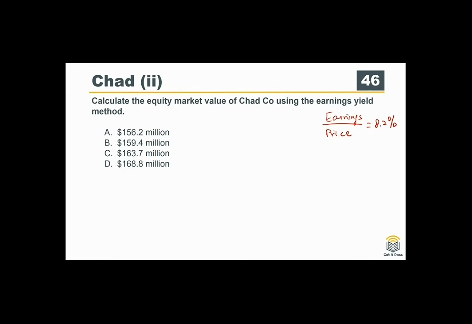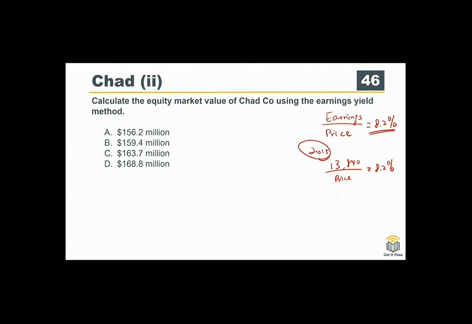Okay, it is given in the question, and the earnings for 2015, the latest information provided to you, is 13,840. So the formula here, earnings divided by price, means 8.2%.